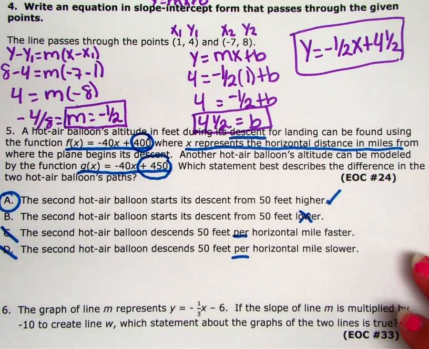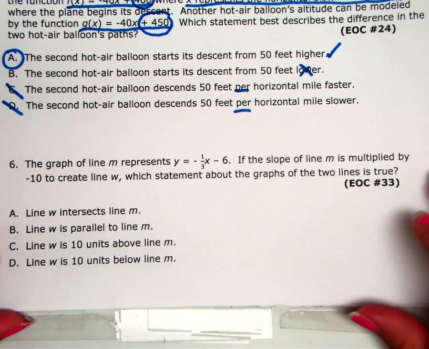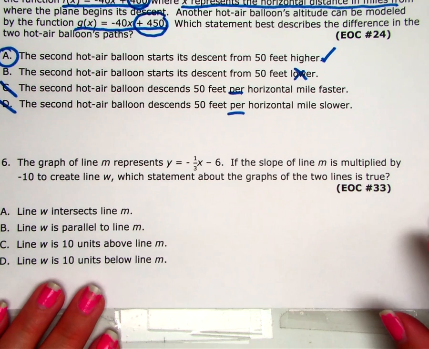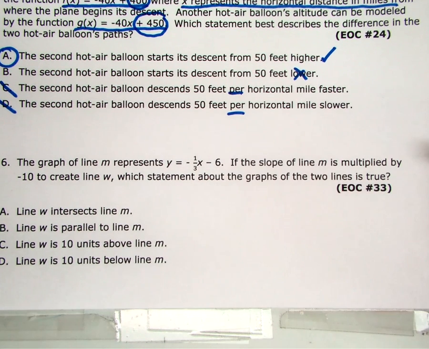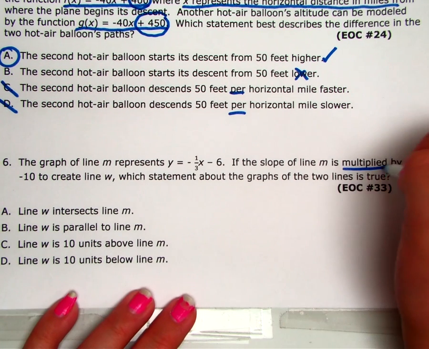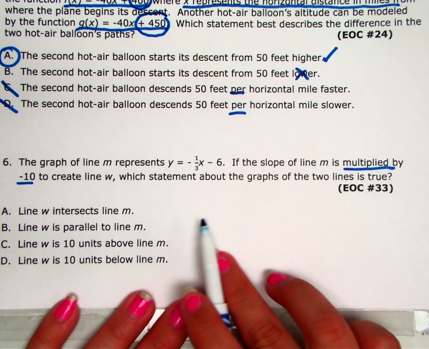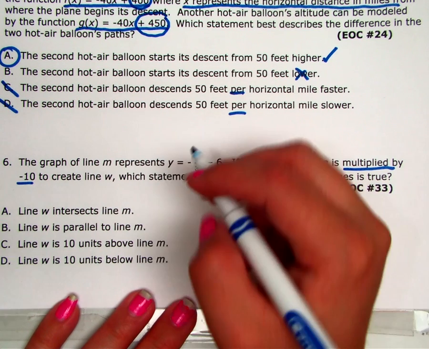Alright, let's look at number 6. The graph of the line M represents y equals negative 1/3 x minus 6. The slope of the line M is multiplied by negative 10 to create line W. Which statement about the graph of the two lines is true? Well, let's find out what line W's equation is.